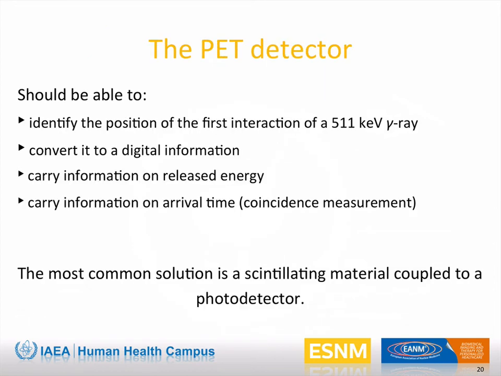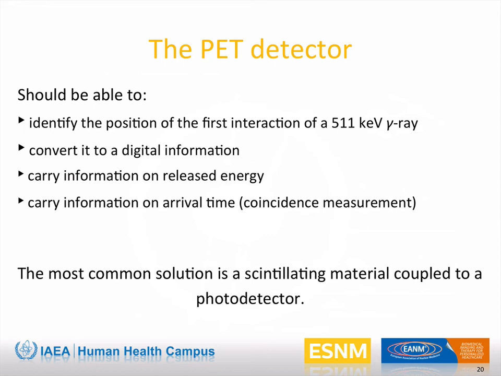We have already mentioned that the basic step in a PET measurement is to obtain the spatial coordinates of the line of response corresponding to a positron emission and a further annihilation that is detected. This can be achieved by measuring, for both gamma rays, the coordinates p of x, y, z of the first interaction in a detector.